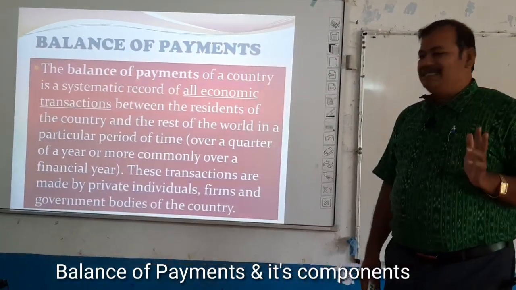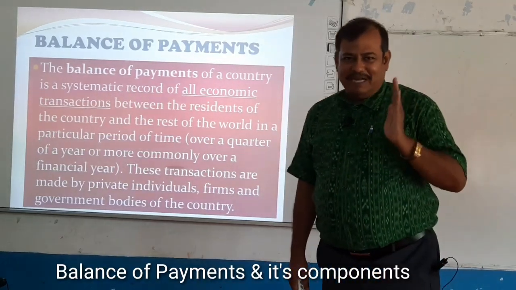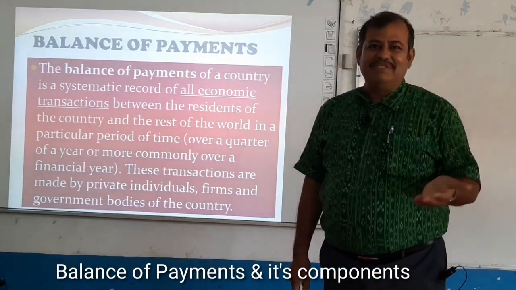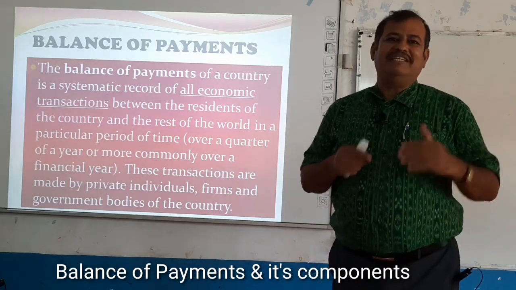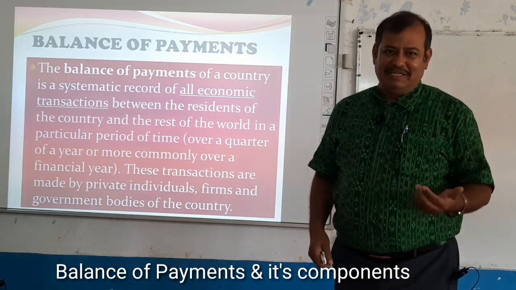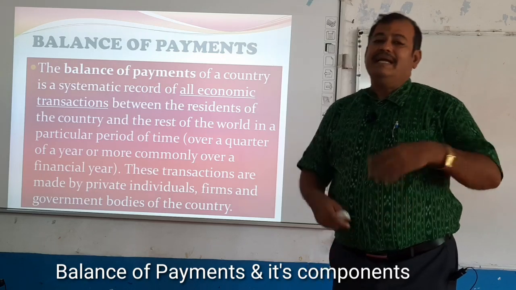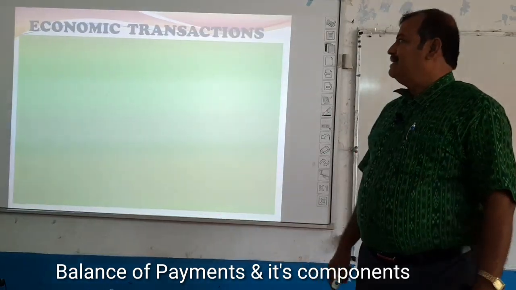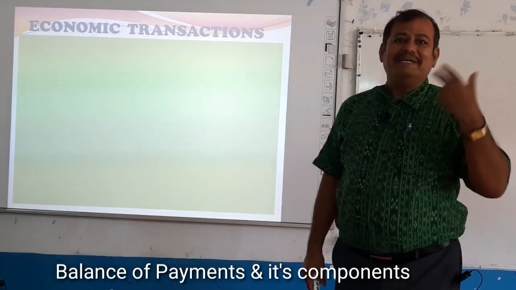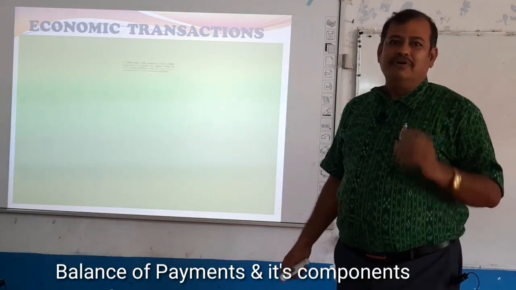All these transactions are made by private individuals, firms and government enterprises. And when you say economic transactions, it has 4 components.